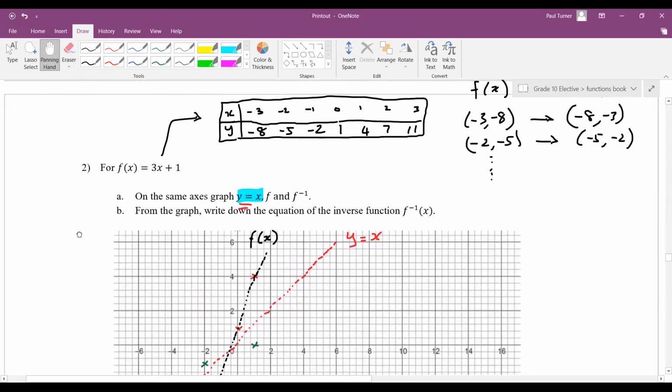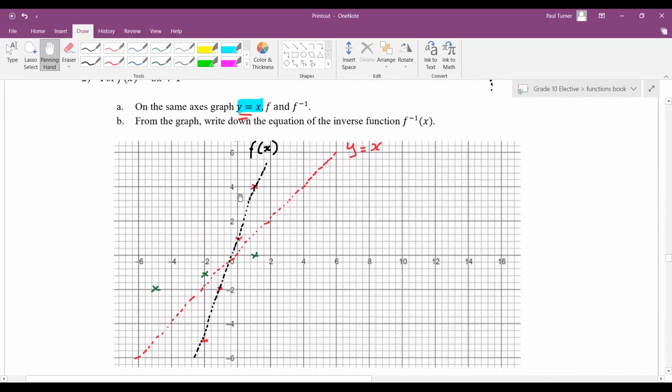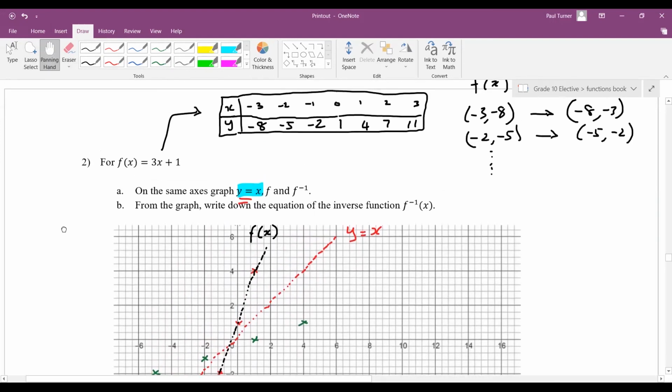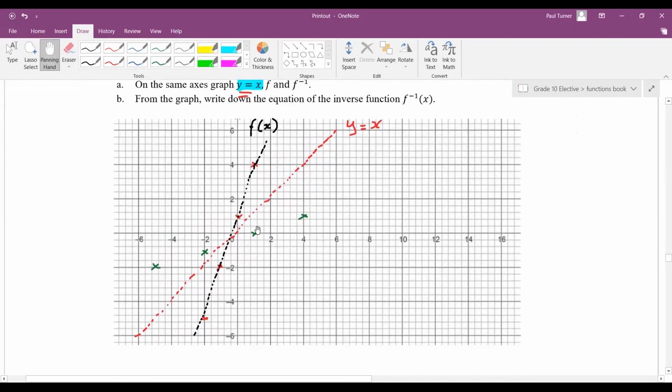So (1, 4) will become (4, 1). (4, 1) is here. Then (2, 7) becomes (7, 2). You see, all it is, is swapping coordinates. So the graph will come out eventually.